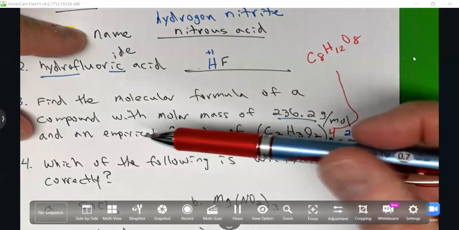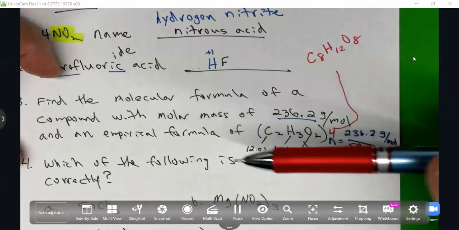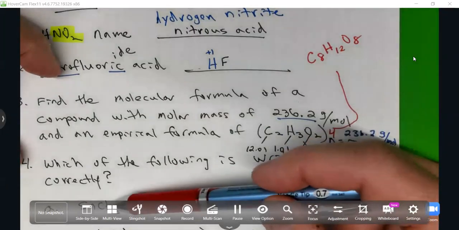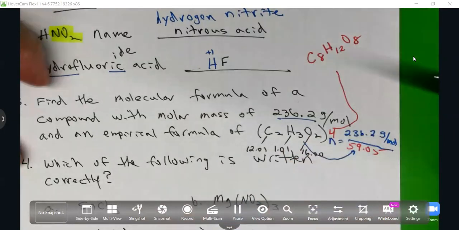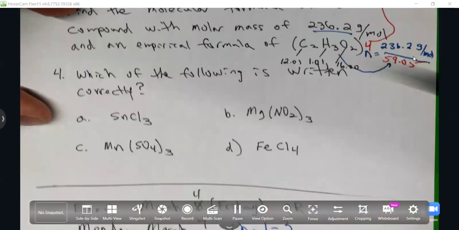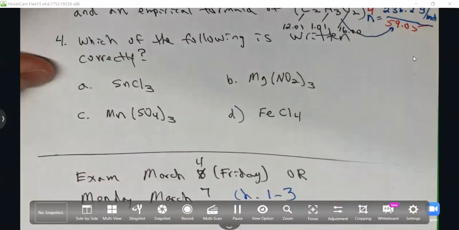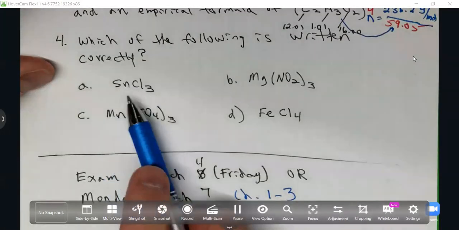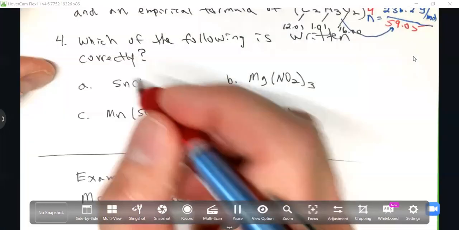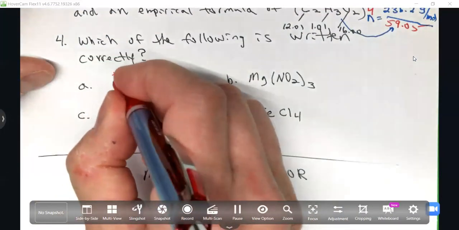Okay, and also chapter 3, part 2 of OWL does a lot with figuring out the oxidation number at the end. We'll have a conversation about oxidation reduction, but we're going to review that in this problem as well. So which of the following is written correctly? For this, we can assume that this here is a chloride. So that makes this 10-3.